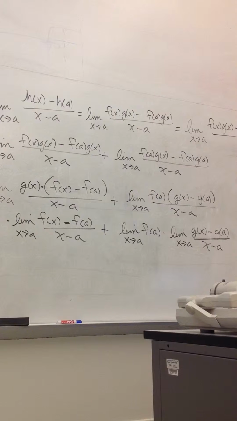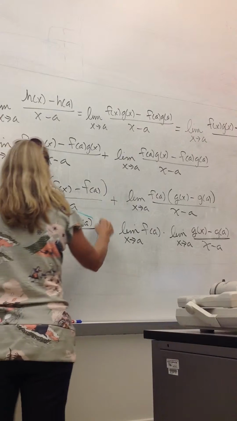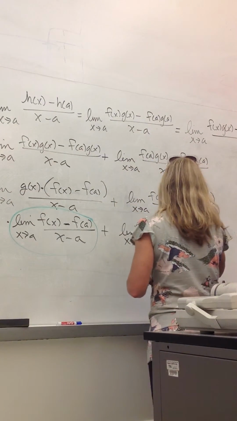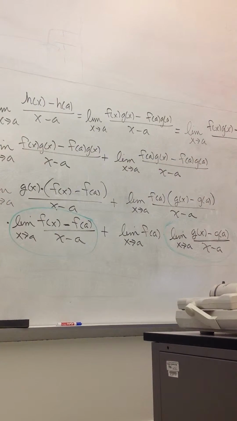And then I did the same thing with that other one. The reason why I broke it up like that is because this and this are familiar forms. Every single proof we've done since Tuesday has started off that same way. I've written that exact same thing down.